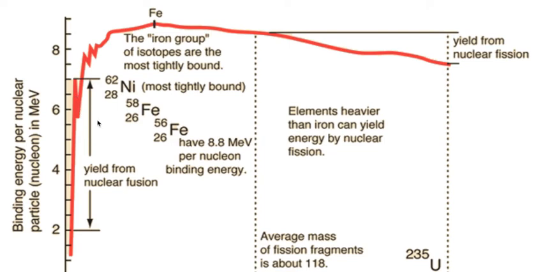There's a little dip here, but you can see nickel, iron, two different isotopes of iron have 8.8 mega electron volts binding energy per nucleon. And so when you fuse these smaller atoms together, you get an energy release.